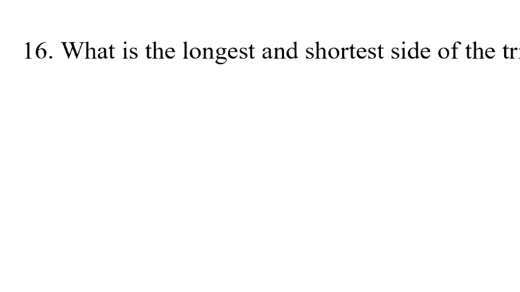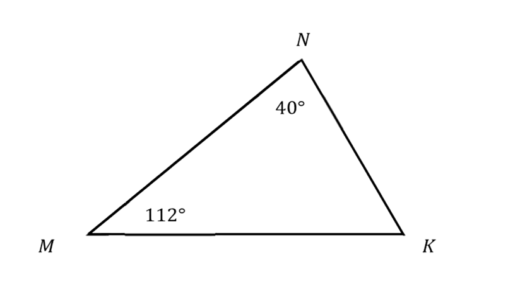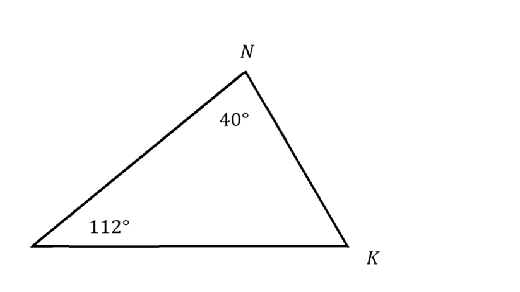Let's move along here. What is the longest and shortest side of the triangle? So in a single triangle, the longest side is across from the largest angle, and the shortest side is across from the smallest angle. Now for this particular triangle, I probably should know what this angle is before I make the pronouncement about which one's the largest side and which is the smallest side.